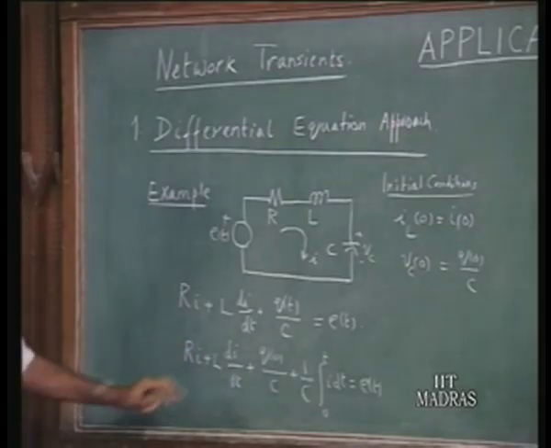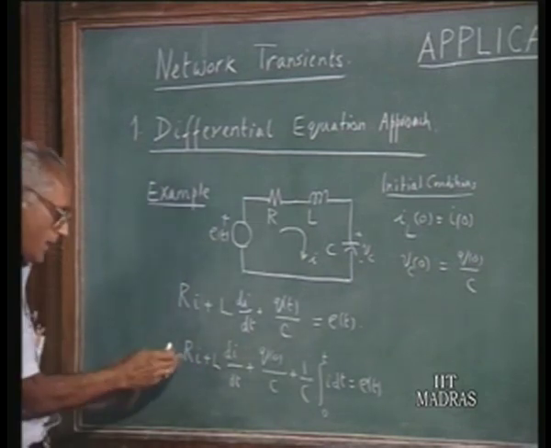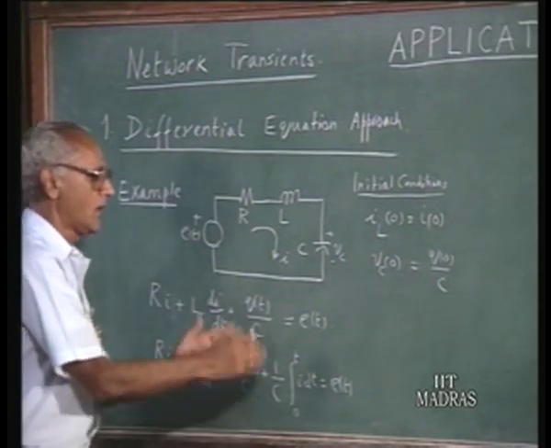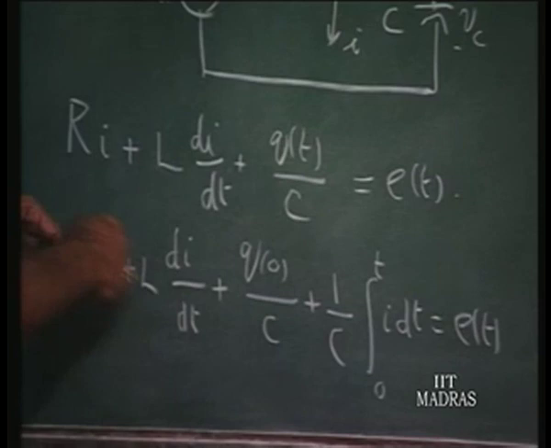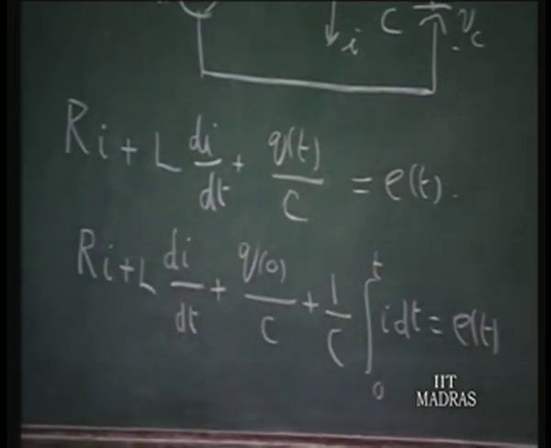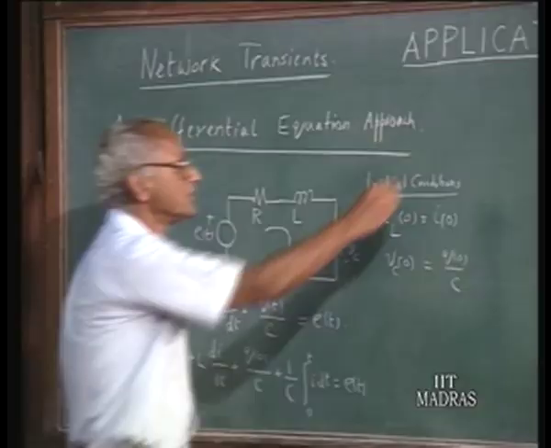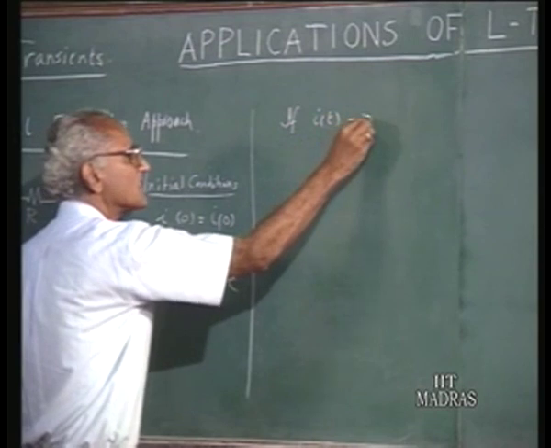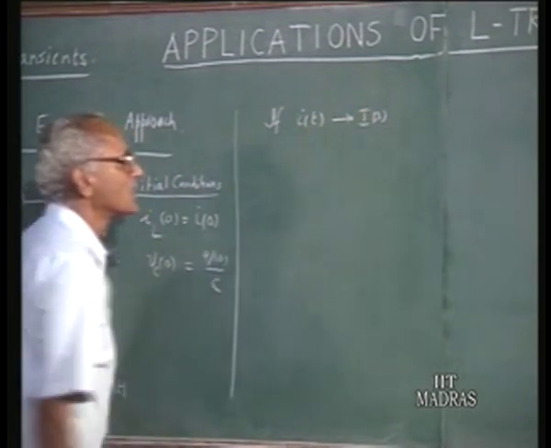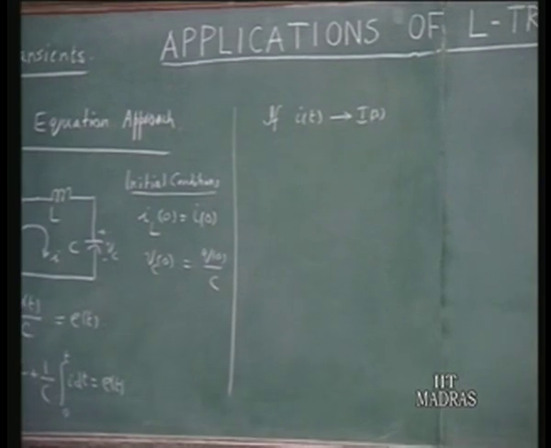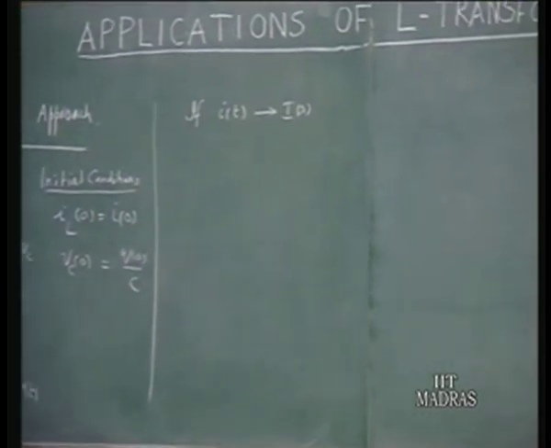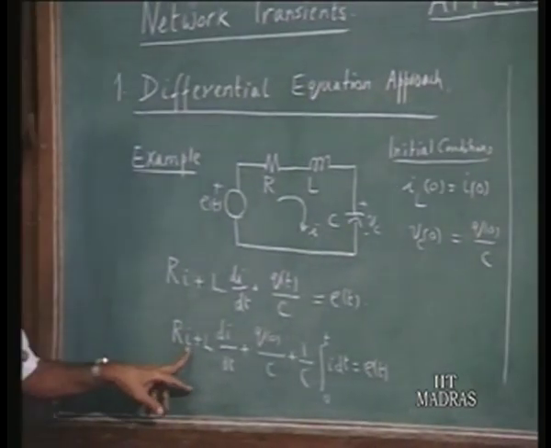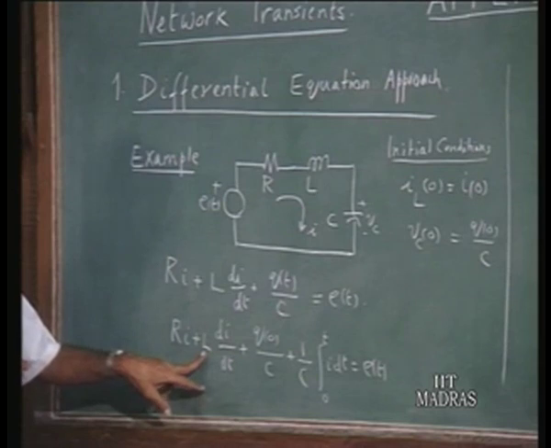Now to find out the solution for this differential equation, what we do is we take the Laplace transform of each term on the left hand side and the term on the right hand side. So each one of these terms in the equation, their Laplace transforms are taken. So if the Laplace transform of I of t is capital I of S, then Ri, the Laplace transform of this is R times I of S. The Laplace transform of this is L times di by dt.